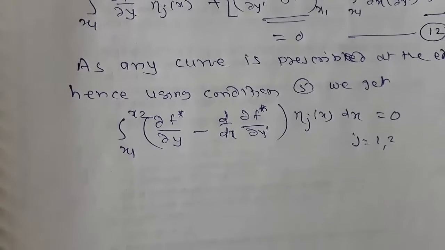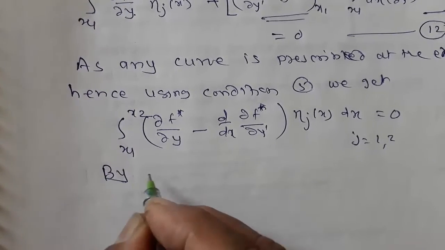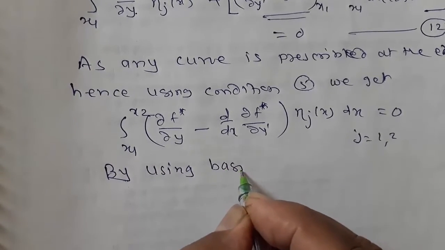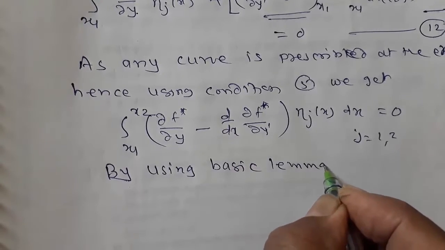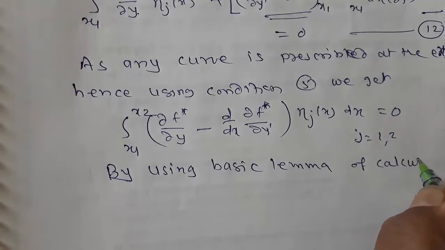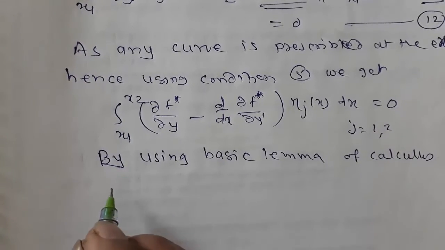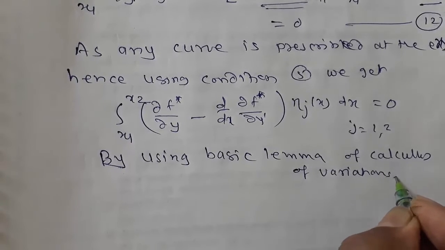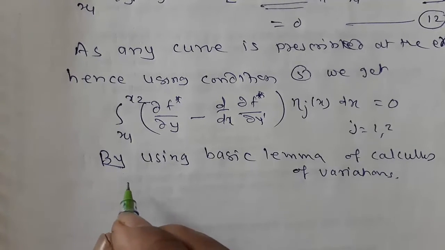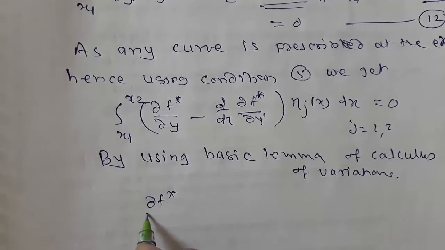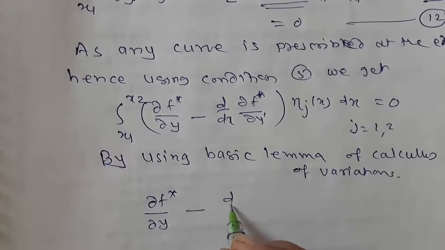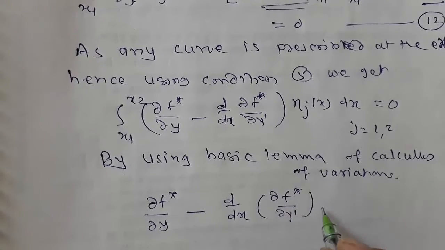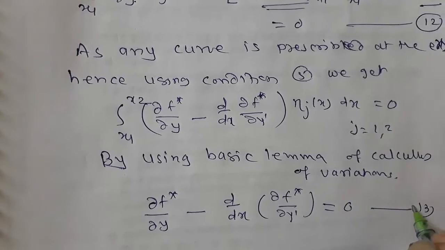By using the basic lemma of calculus of variation, we get dou f star by dou y minus d by dx of dou f star by dou y dash equal to 0. Equation 13.